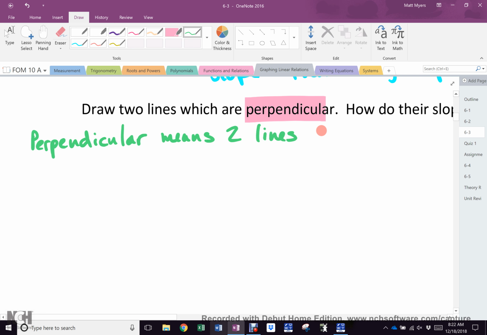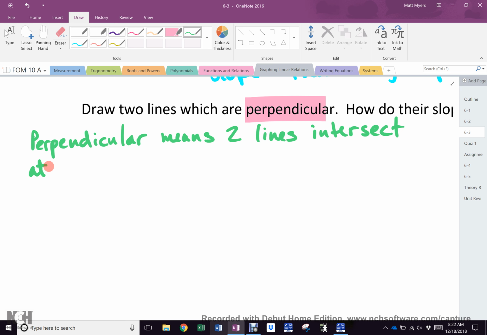Nobody? Okay, what did you mean by up and down? Who said up and down? What did you mean by that? Straight line up and down.